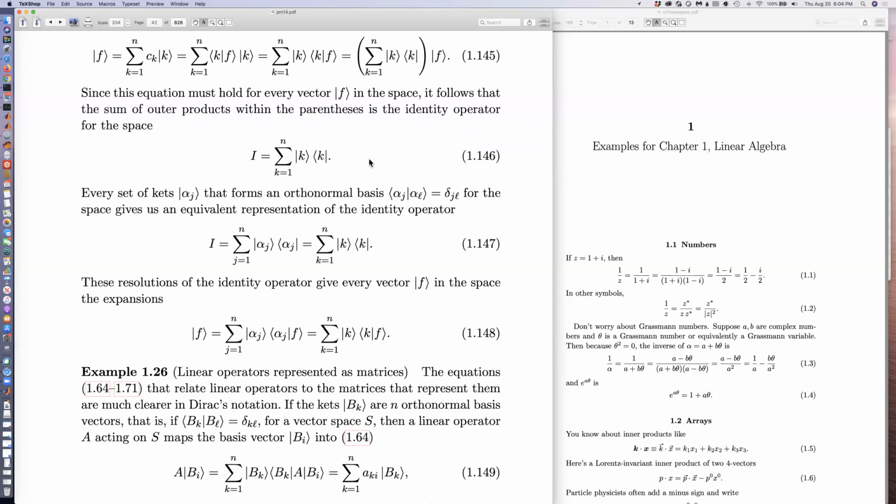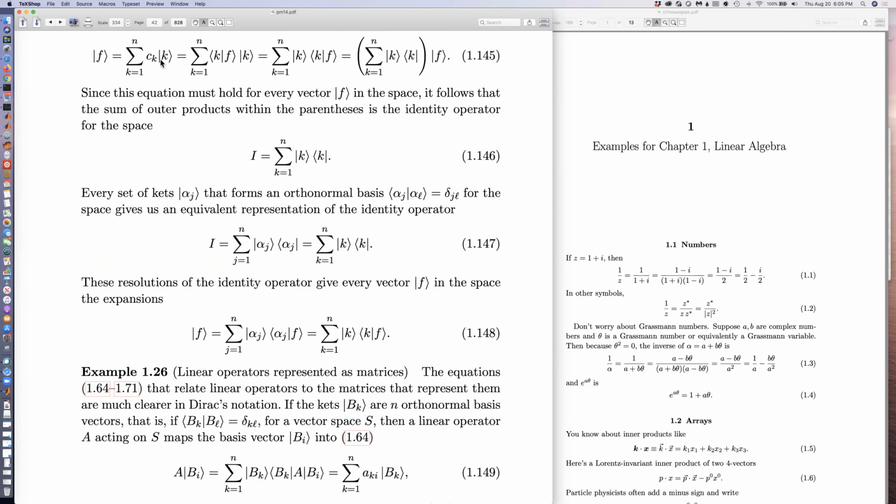Now, we didn't know anything about these K's except that they formed a complete orthonormal set. Complete simply means that every vector in the space can be represented in terms of them. So basically you need n linearly independent vectors.